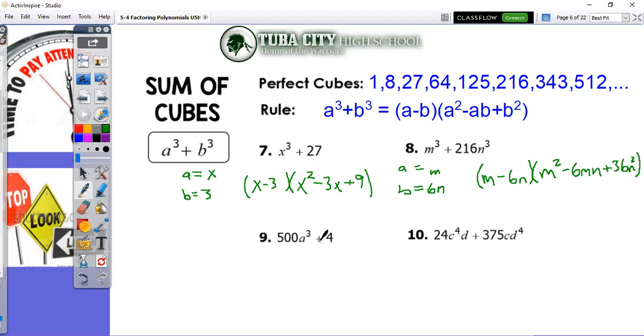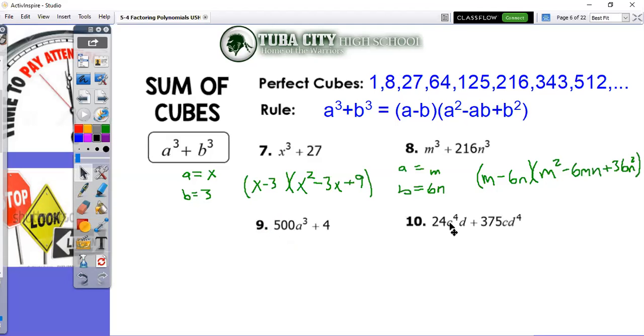We're going to have to do the same thing we did with some of the previous exercises, and let's see if we can factor out some of these numbers. So with 500, I am going to factor out, let's see, can we divide both of these by 4? Or maybe we could divide both of them by 2. We could use the calculator really quick. And it looks like they're both divisible by 4, and we want cube numbers.